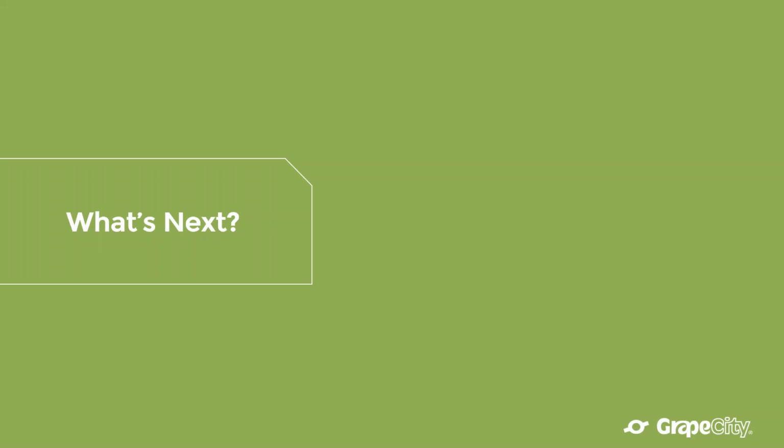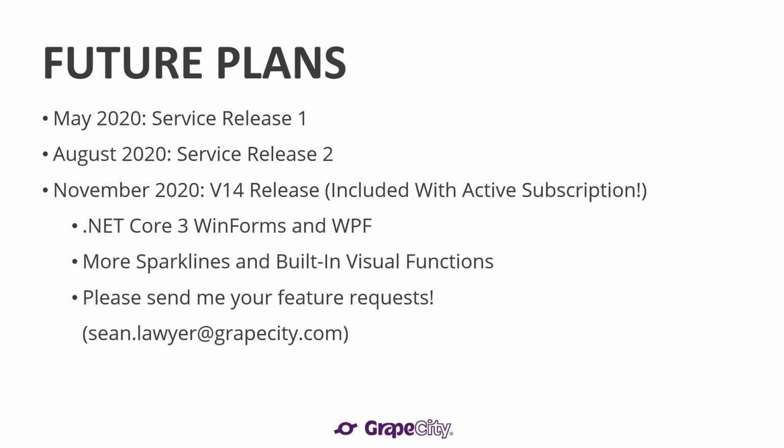That concludes the new SpreadNET V13 features, which takes us up to what's next and the roadmap for SpreadNET 2020. Coming in May 2020 will be SpreadNET Service Release 1, followed in August 2020 by SpreadNET Service Release 2.